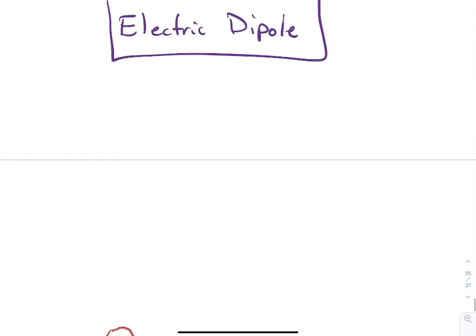So now we're just going to talk about an electric dipole in general. And I'm drawing it for you. It's got one side with a negative Q charge and one side with a positive 2Q charge. So in other words, this one has twice as much positive charge as this has in negative charge. I'm going to go ahead and use this blue for my electric field lines.